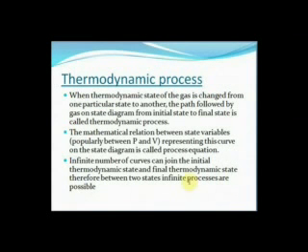So for example, suppose we have a thermodynamic relationship between state variables pressure and volume. So suppose we are plotting pressure on the y-axis and volume on the x-axis. So at any particular point, say A, there will be some value of pressure and volume, say P1 and V1, and there is another point B where the value of pressure and volume is P2 and V2.